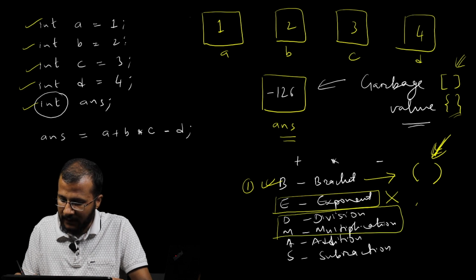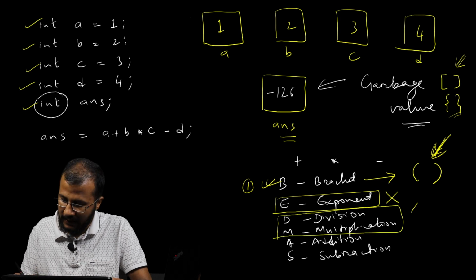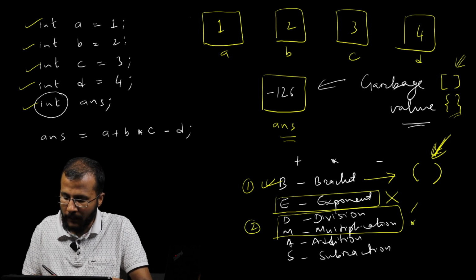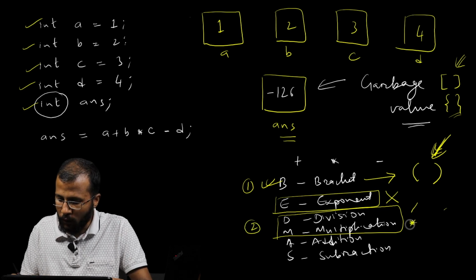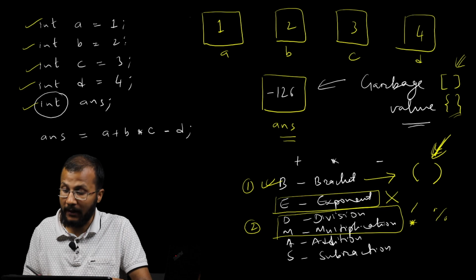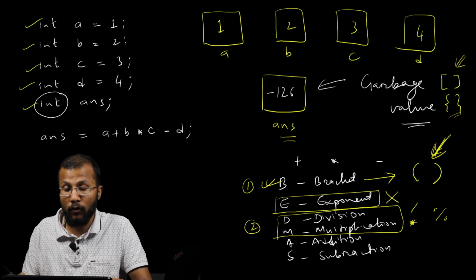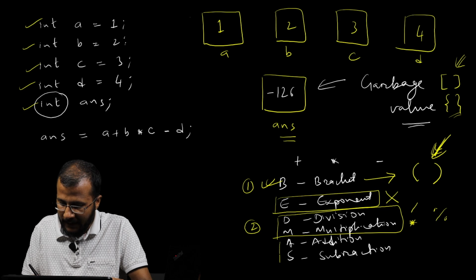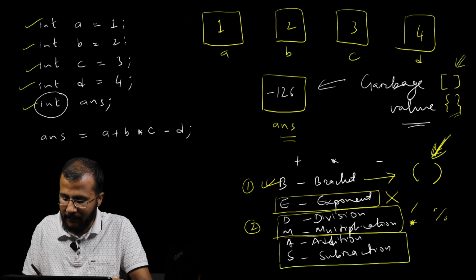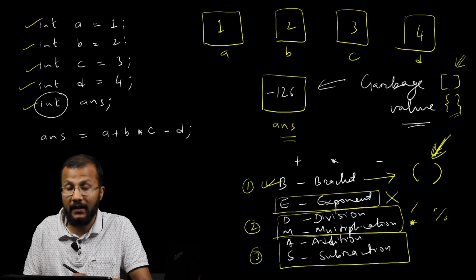This operator is for division and multiplication is this one. So they have the same priority number 2, and there is one more, that is modulo. Modulo also has priority number 2. So division, multiplication and percentage, that is modulo, have priority number 2, and addition and subtraction have the same priority, priority number 3.